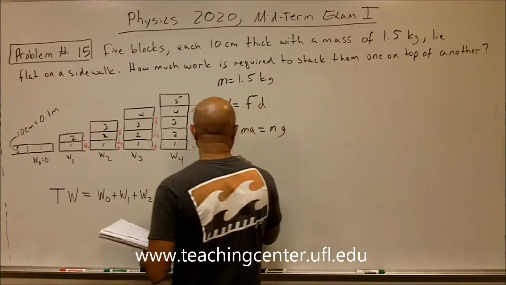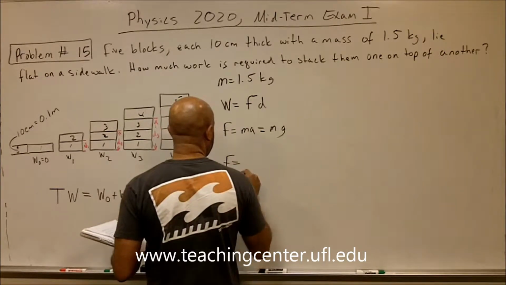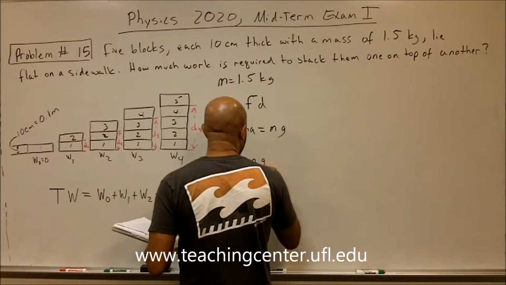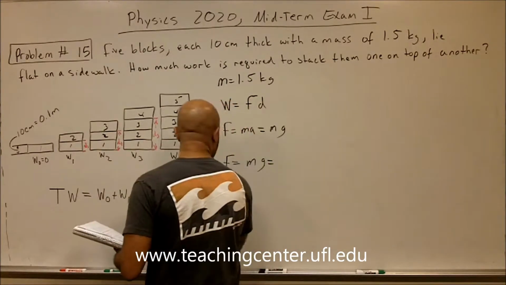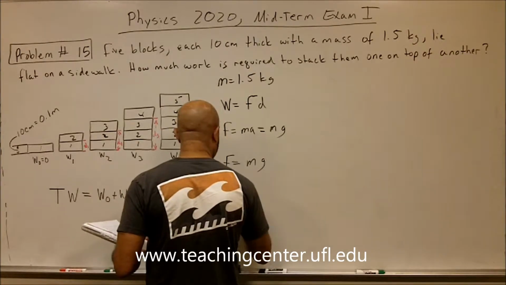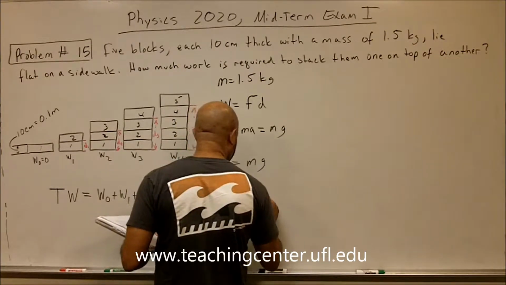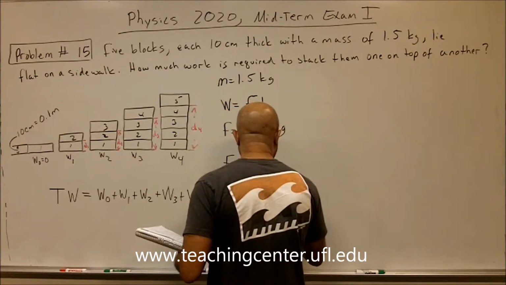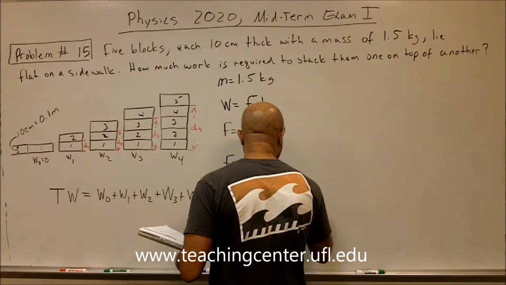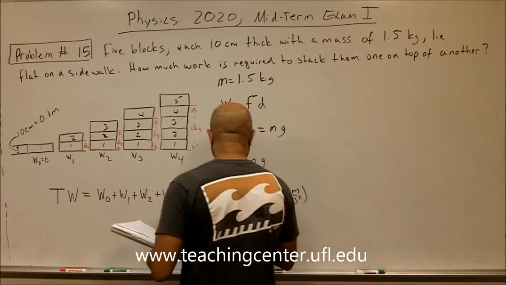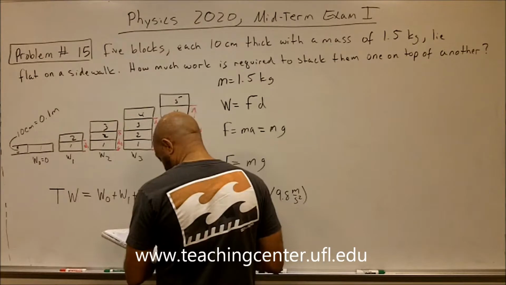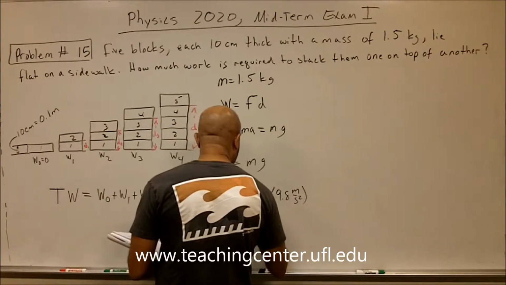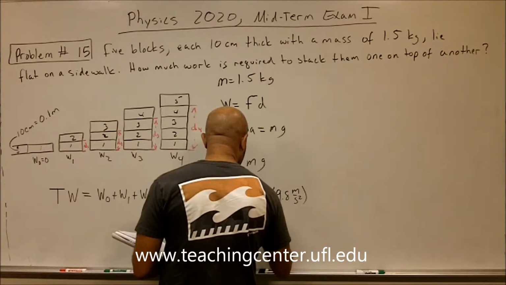The force is going to be the mass of a block times gravity, which is equal to 1.5 kilograms multiplied by 9.8 meters per second squared. And so we know that the force is going to be 14.7 newtons.